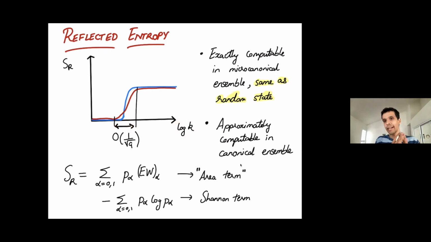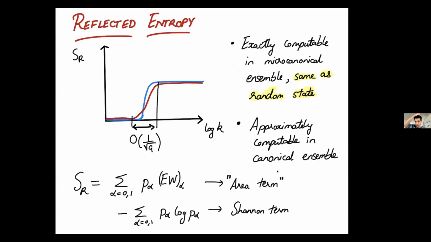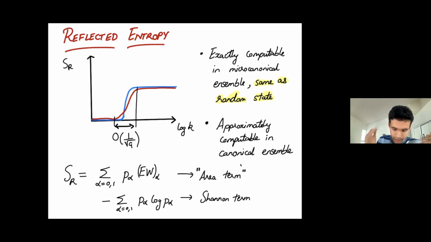So it's a slightly wider transition, but apart from that, it's pretty similar. This spreading out of the phase transition is also visible in the Page curve of entanglement entropy itself. This is quite expected, and it's nice that it matches up. So whatever we expected from the holographic proposal seems to work exactly correctly.